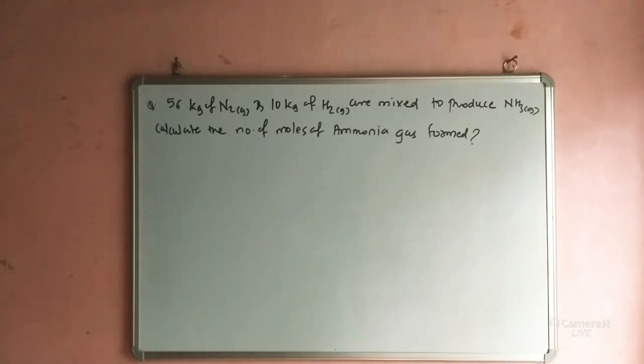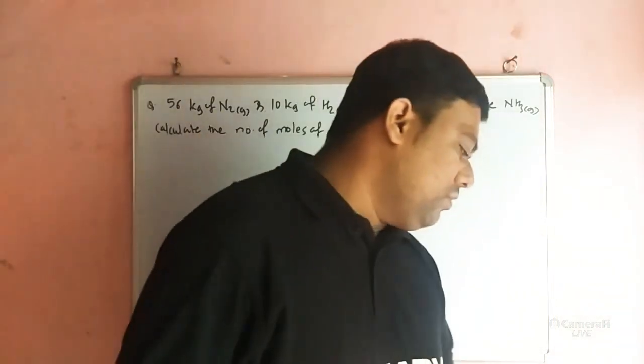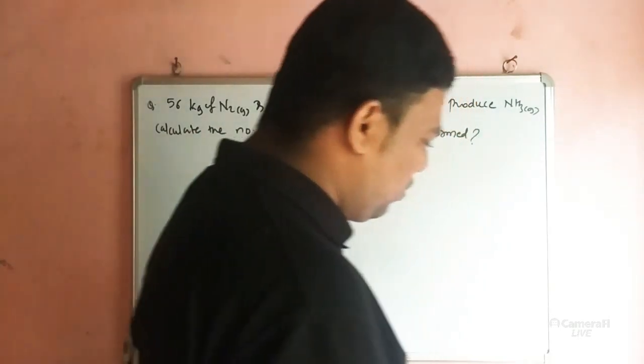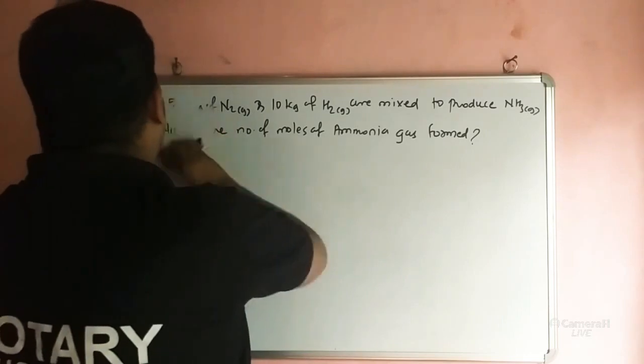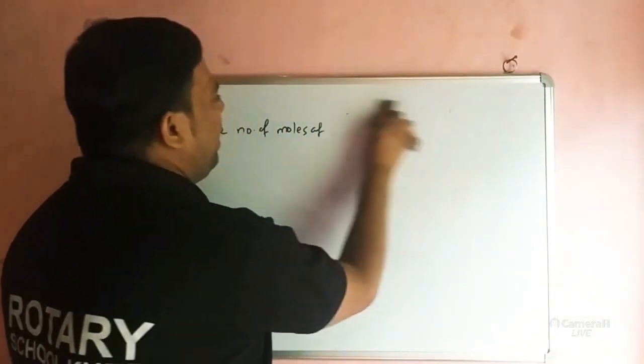So beta, you have to calculate this numerical and share whatever answer you get on the personal number. Here we will discuss one more numerical on the basis of our limiting reactant.